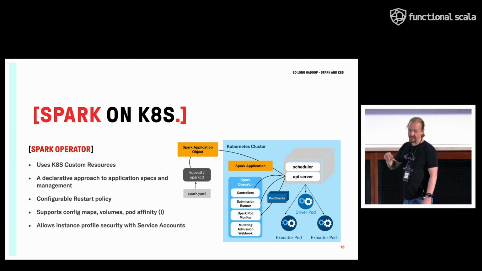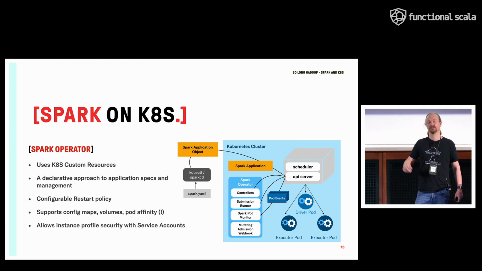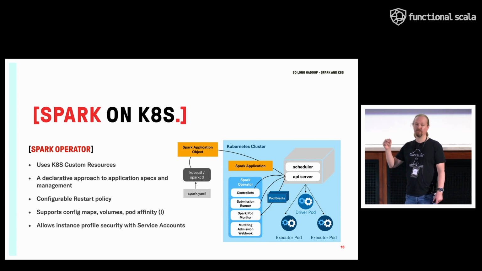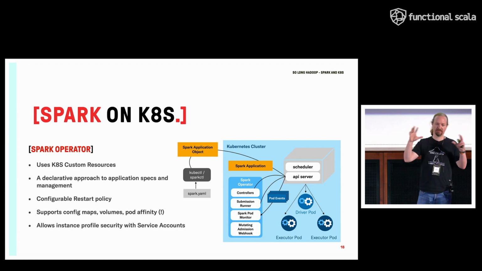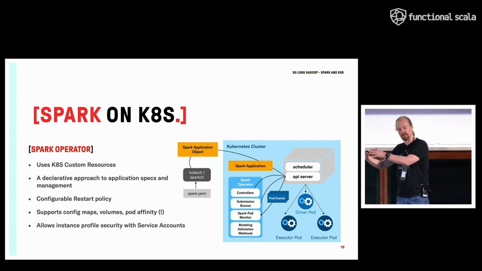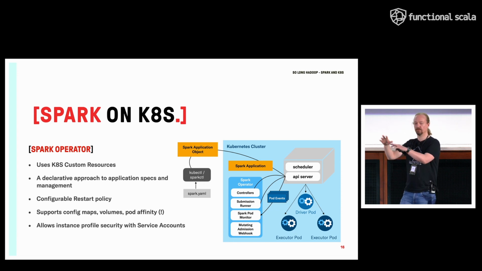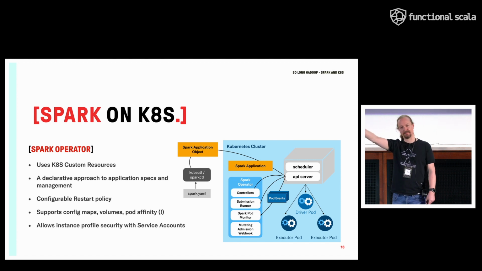And lastly, and that's actually quite important in terms of security, you can configure specific profile security with service accounts. Right? So instead of relying on whatever is defined for the entire cluster, you can say this application has exactly those permissions, especially in a cloud environment, where you run a Spark application and want to say this Spark application can actually access exactly that bucket.